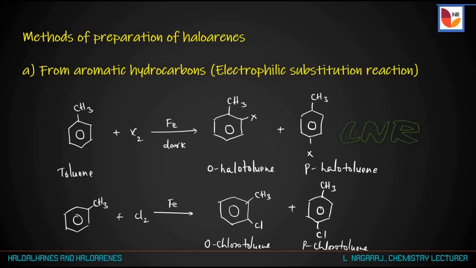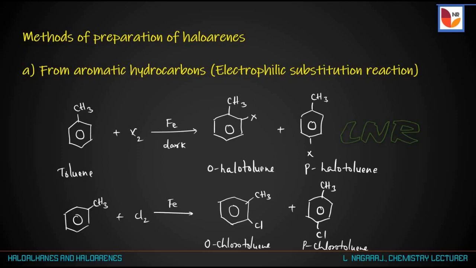That is, instead of chlorine, if we take iodine, the obtained product undergoes a reversible reaction. Hence, the reaction takes place in the presence of strong oxidizing agents. And fluoro compounds are not prepared by this method because of the high reactivity of fluorine. This method is the best method for the preparation of chloro or bromo substituted products.